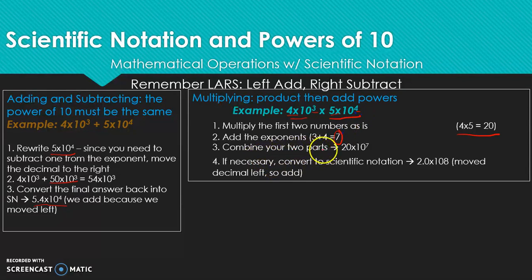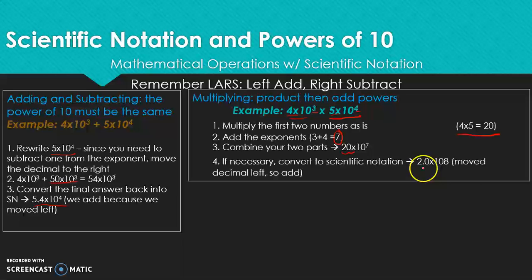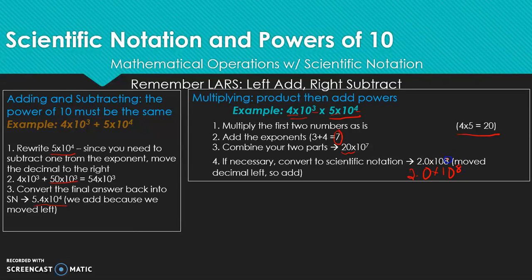So we're going to combine our two parts, 20 times 10 to the 7th, and then if necessary, we need to convert back to scientific notation. So since this is not in scientific notation, we're going to move the decimal place to the left. Remember, left, add, and we should get 2.0 times 10 to the 8th. That should be an exponent there. Sorry for that typo.